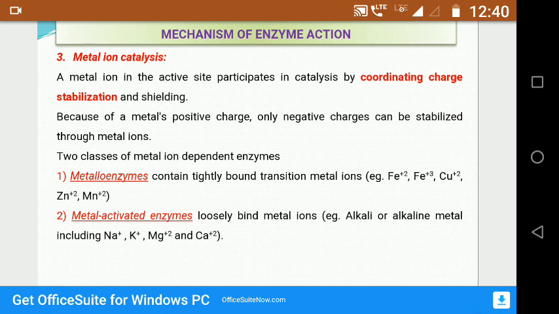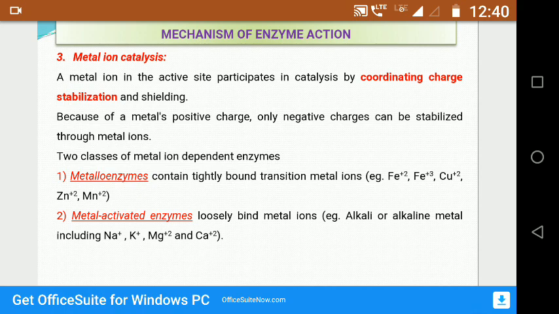So we cannot dissociate the metal ion easily from the enzyme. In these enzymes most of the metals used are ferrous ions, ferric ions, and copper, zinc, and manganese like metal ions.